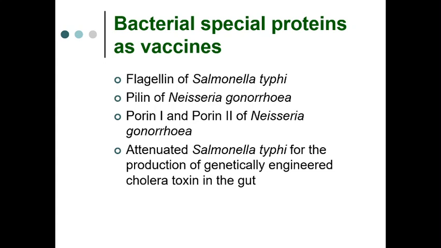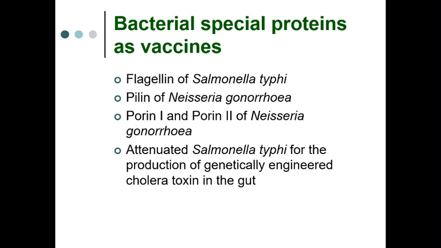It will remain in the epithelial lining and grow there, and as it is growing, it will produce genetically engineered cholera toxin, which has lost its virulence. The genetically engineered cholera toxin is produced by modifying certain genetic codes in the gene of the toxin, and these genetic codes were responsible for some essential amino acids which exhibit the toxicity in the toxin.